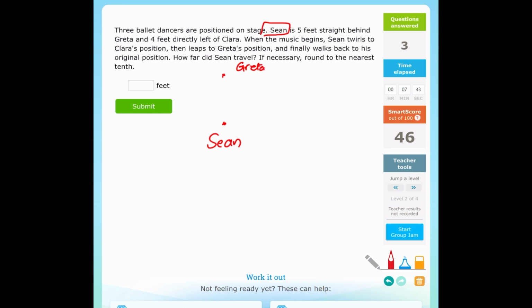That way Cn is 5 feet behind Greta and 4 feet directly left of Clara. So in order for Cn to be left of Clara, we have to put Clara here.